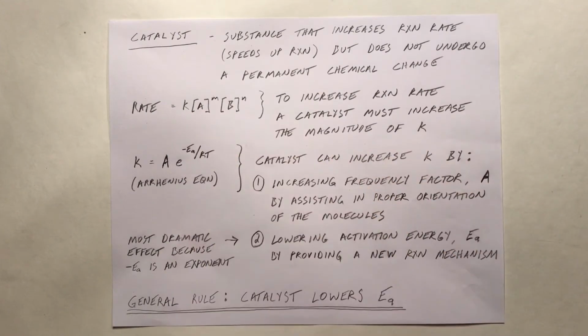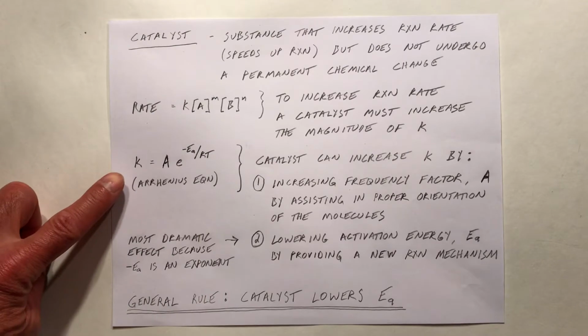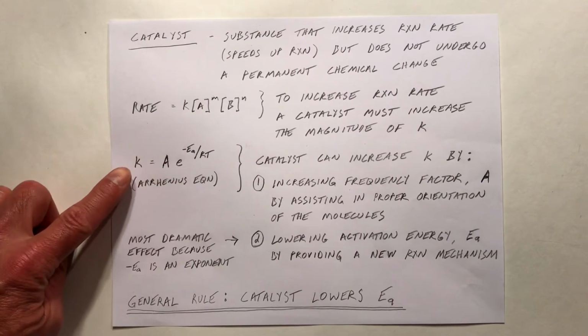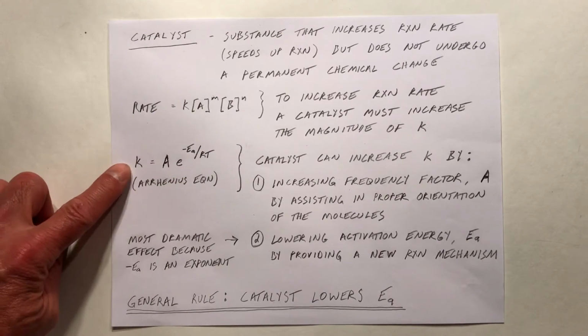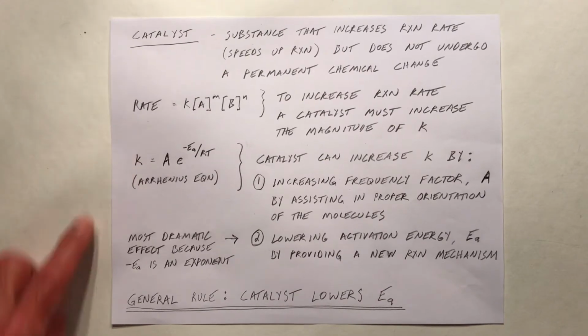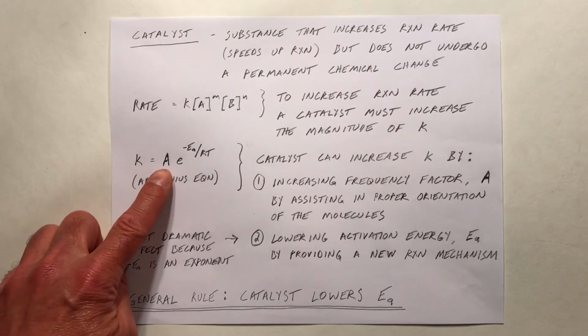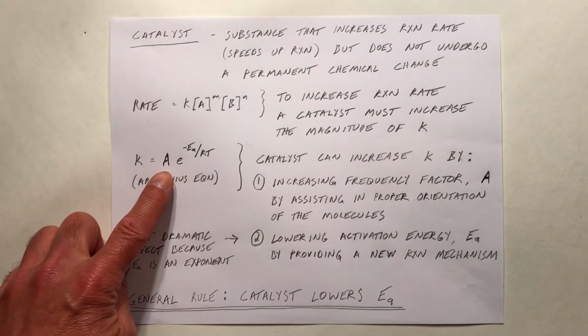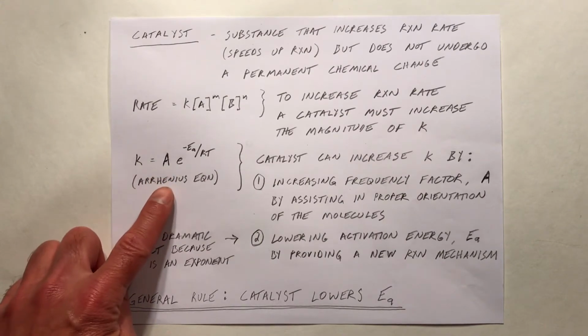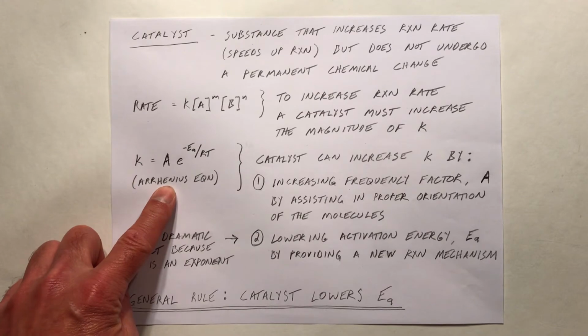Okay, if that's true, let's consider the Arrhenius equation, or at least this version of the Arrhenius equation that tells us how we could calculate K. K is dependent upon the variable A, which is the frequency factor. Now, you might remember that the frequency factor, A, has to do with the frequency of collisions that are occurring, as well as the proper orientation of those collisions.